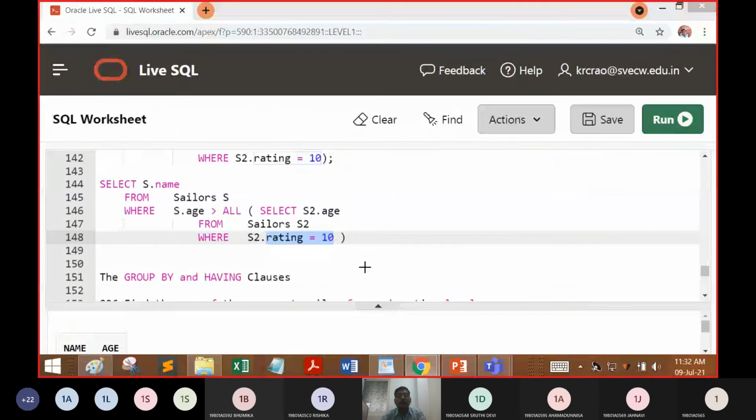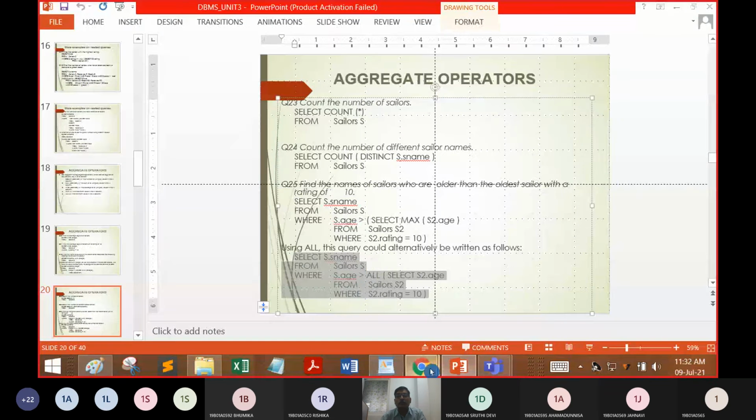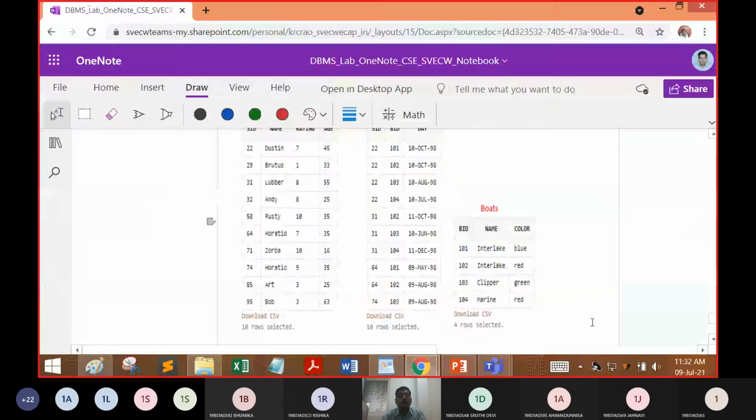First of all, you go with rating equals to 10. Rating equals to 10, it is for Rusty, and rating equals to 10, it is for Zorba. What are their ages? 35 and 16. So now this is a set here.